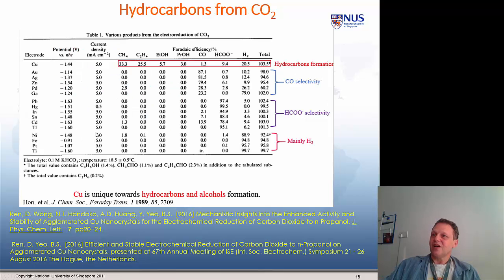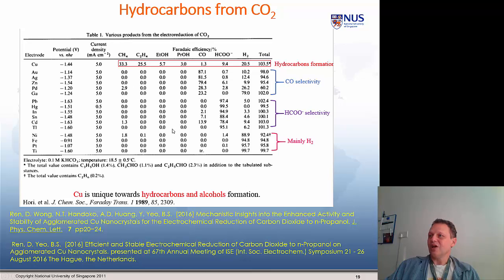And again, this is one of their slides. This is some work from 1989, and it shows a series of metals with the types of products that were yielded by carbon dioxide electrochemical reduction.